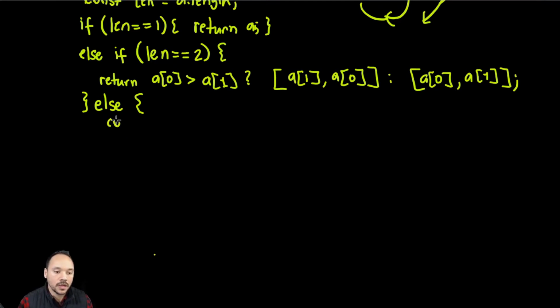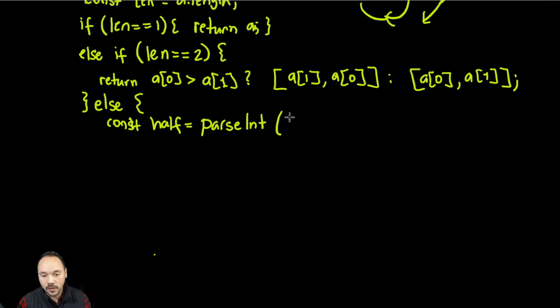Let's call it half. Half is equal to length divided by 2. But we want the integer part, so we need parseInt, as you implement it in JavaScript.